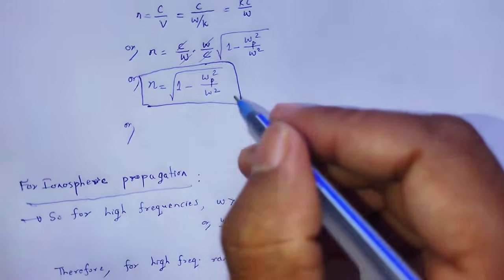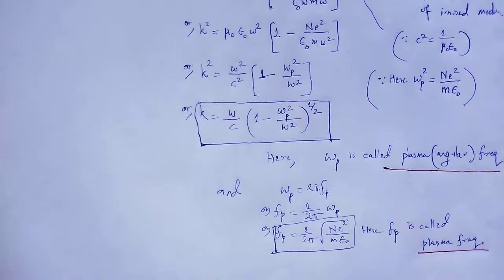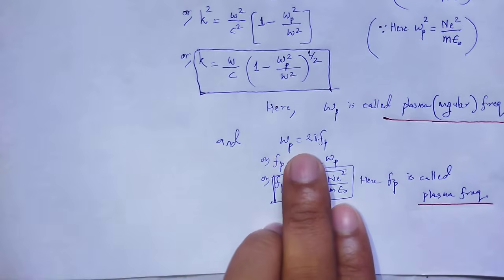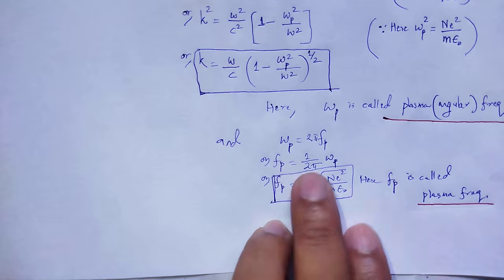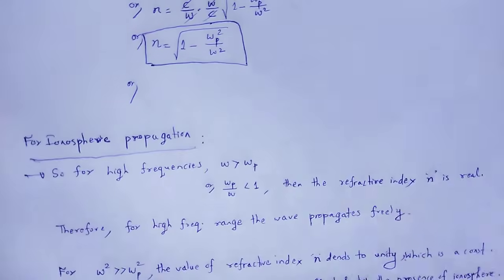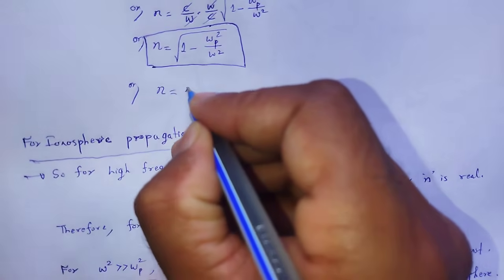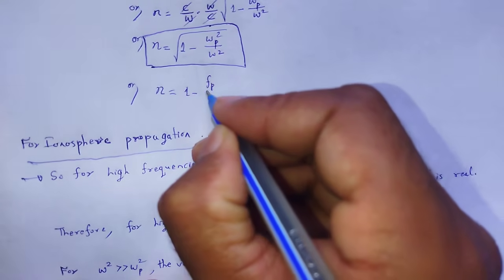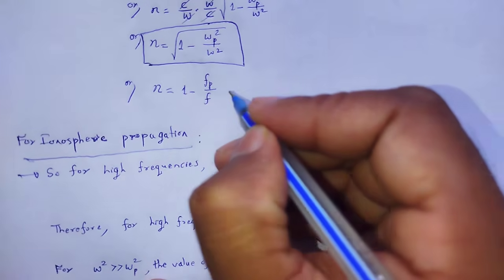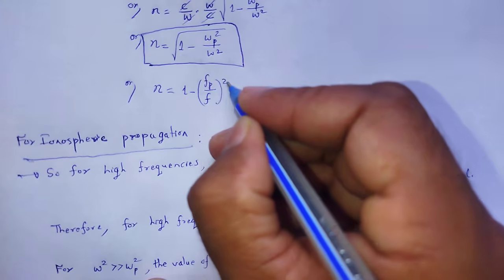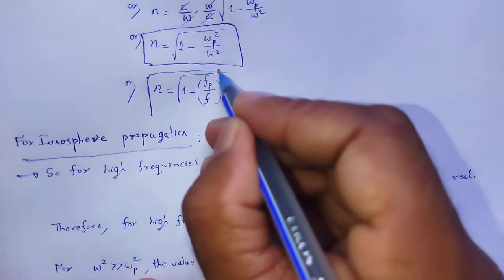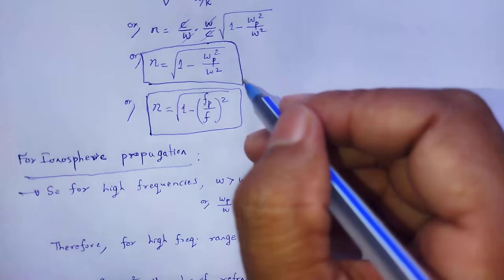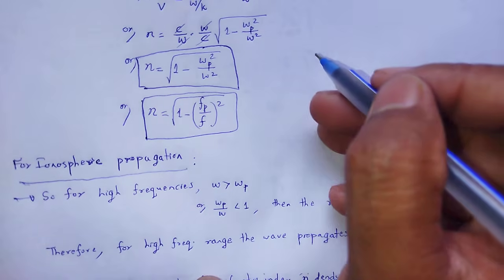Or again, in place of omega p, if we substitute that value as 2 pi fp, then again we obtain the refractive index n is equal to under root of 1 minus fp divided by f whole square. The first is the refractive index in terms of angular plasma frequency.